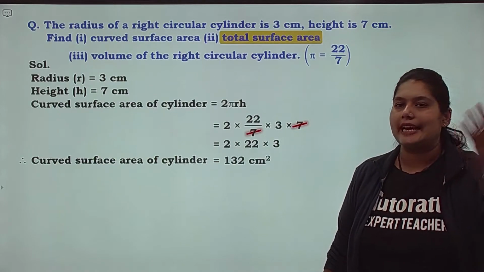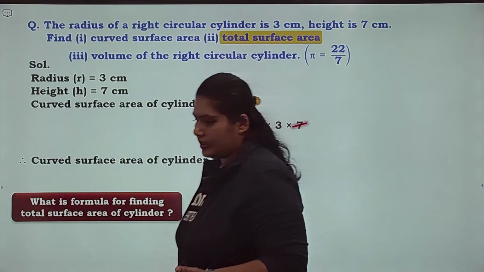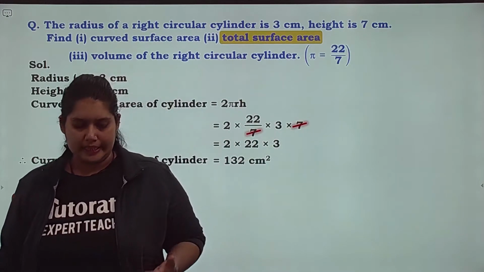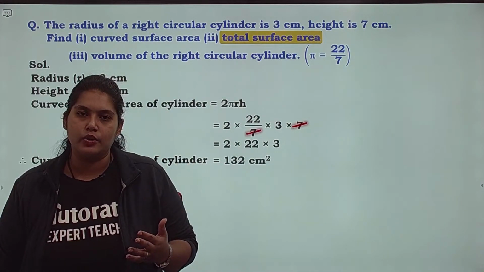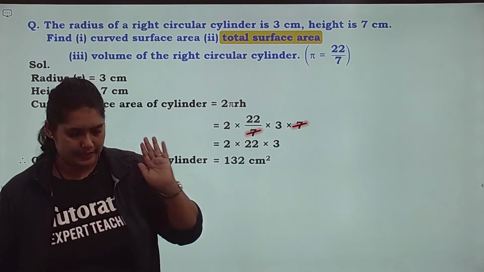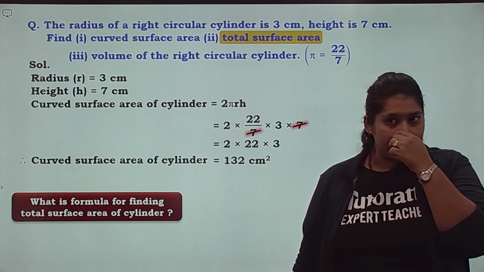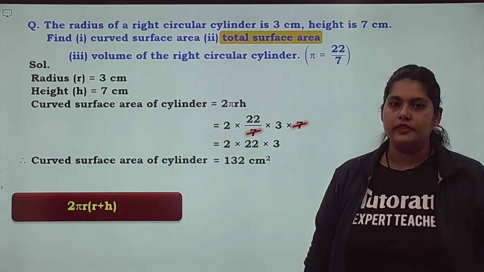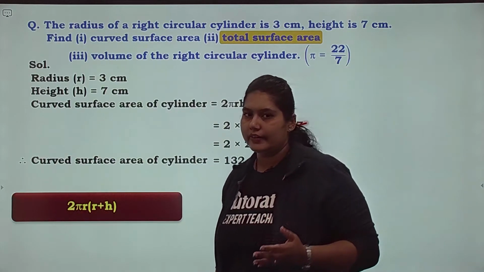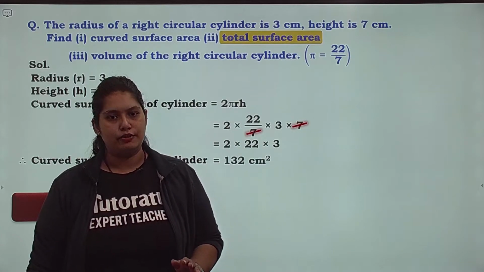Let's move to the second part, total surface area. When I talk about the total surface area, हमने फॉर्मूला में देखा था कि total surface area क्या होता है: दो सर्कल का एरिया प्लस the curved surface area. तो हमारे पास curved surface area तो already है, तो ढूंढना क्या है, सर्कल का एरिया, है ना. So let's try to move ahead with that and replace all the values in the total surface area formula.